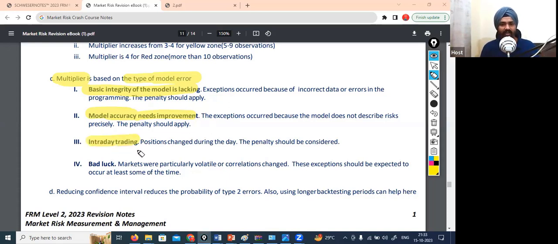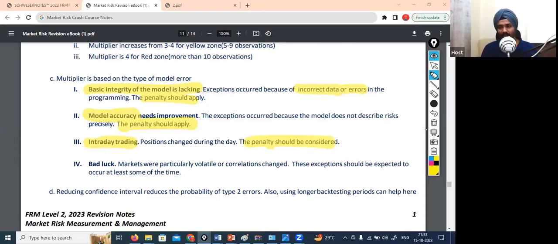Or intraday trading: maybe it was a very volatile day and the positions changed during the day, so the penalty should be considered. In all these three scenarios, when the basic integrity of the model was not sufficient because of incorrect data errors, Basel will apply a penalty. Model was not accurate, penalty should apply. Intraday trading losses, penalty should be considered.